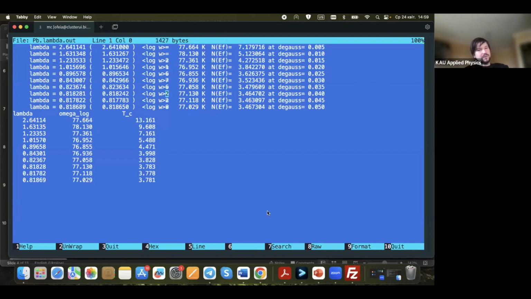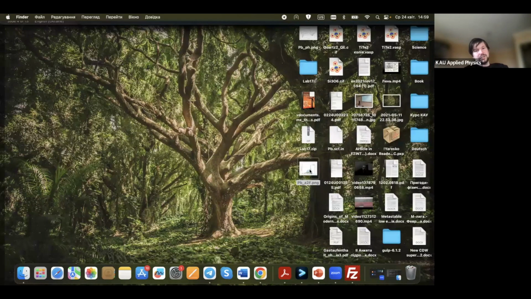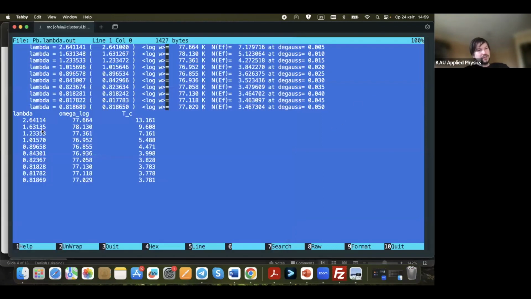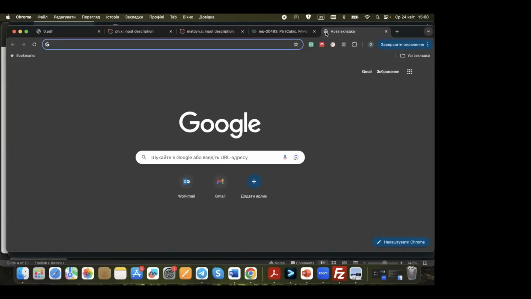You see that we agreed it should converge from like the fifth or fourth step, because before these steps the difference will be huge. So maybe from this or this step we should consider our TC. It's between 5 Kelvin and 3 Kelvin, almost 4 Kelvin. The literature value for lead is 7.2.